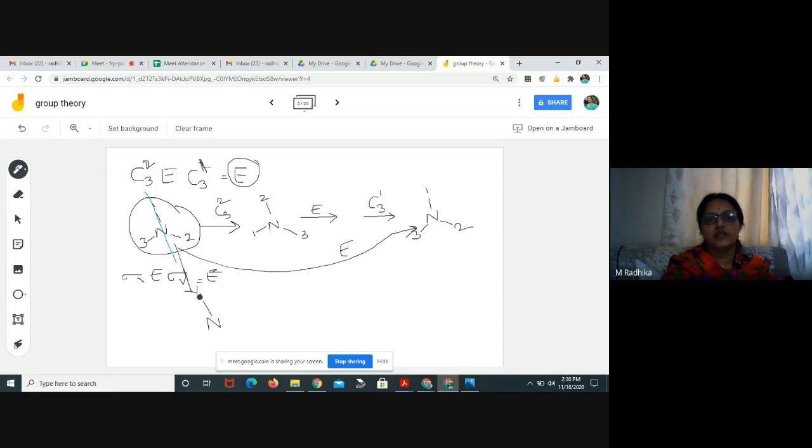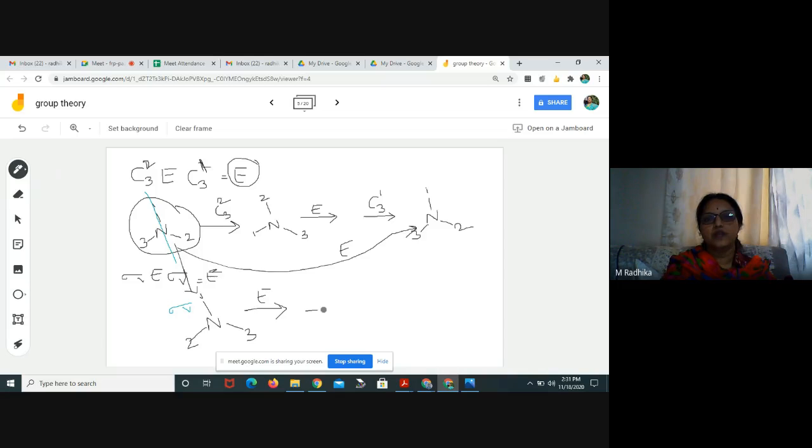The first hydrogen will not change. Only the second hydrogen comes here and the third hydrogen comes here. This is because of the σv reflection. So from the original, I have done the σv reflection. Then the next thing I should do is again identity. Identity gives me the same thing.